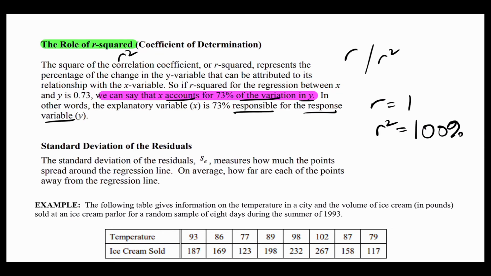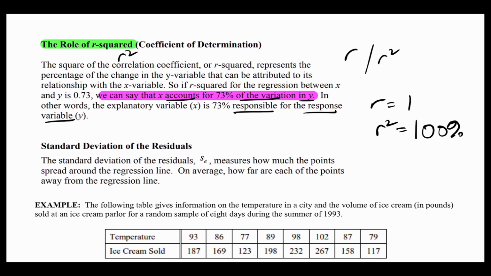Anything that accounts for the variation means R squared. There'll always be one out of the 5 that says something about blah percent accounts for the variation in this or that. Look for that. It's a super interesting concept, but we don't cover it that much in this class, unfortunately.